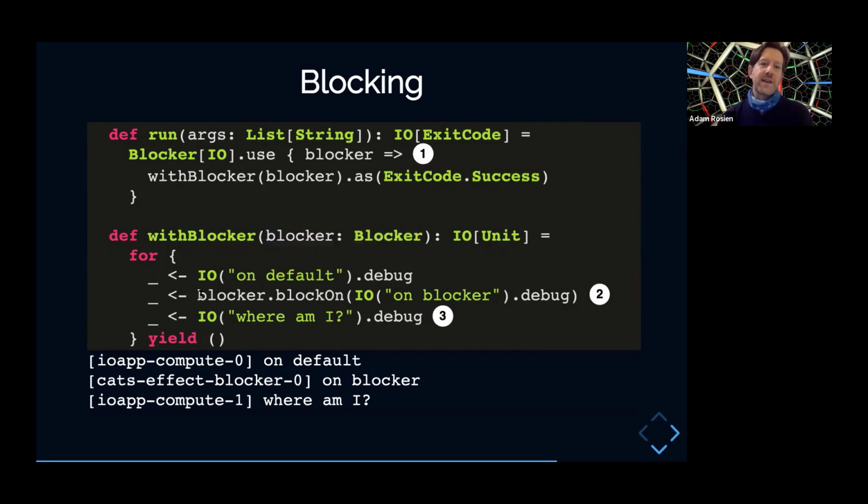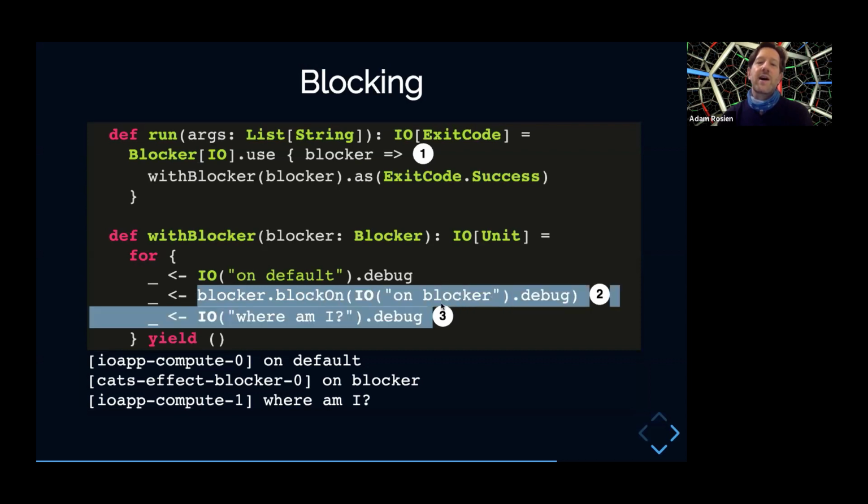We give it an effect as an argument, and the blocker says, oh, the IO that we're giving it is really doing something blocking. We can look at the code and say, aha, whatever the argument is to the blocker, that thing is going to be blocking. So it gets marked as special, and it's going to be running on a different set of threads.